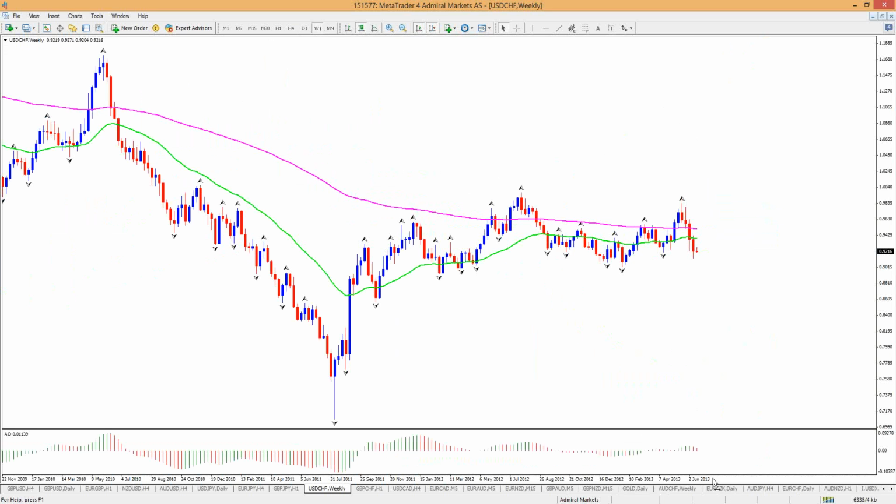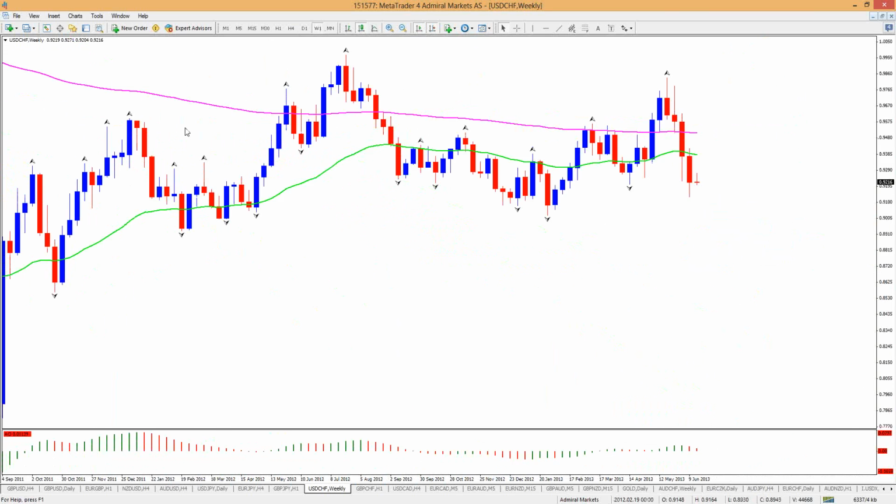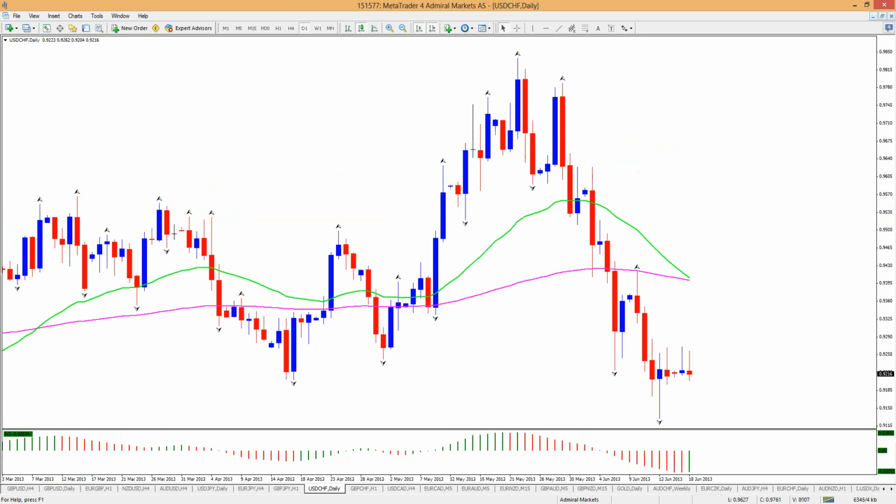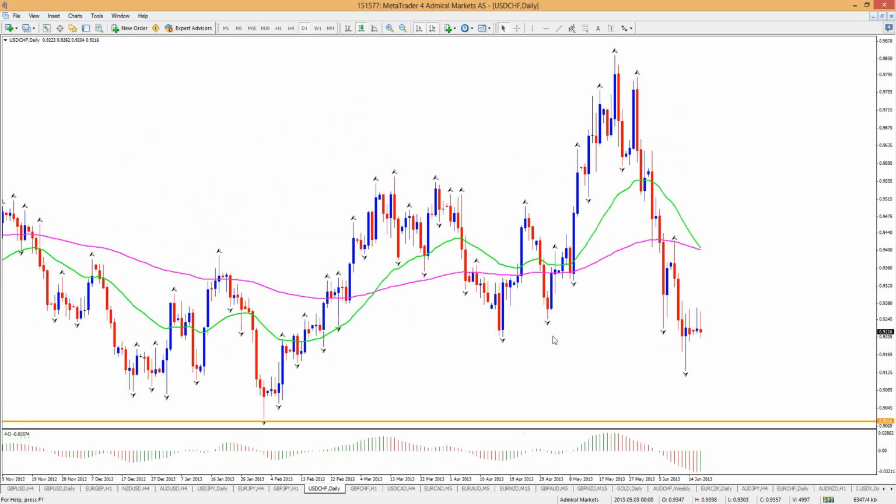Now, we are maybe approaching a bit of support here, so any down move would bump into a big support here, definitely, on the week chart. All right, and anything else on the day chart?